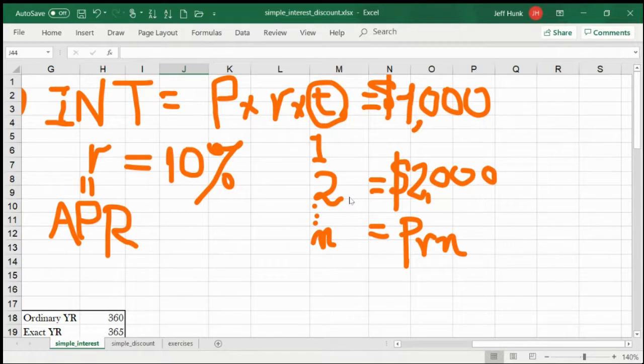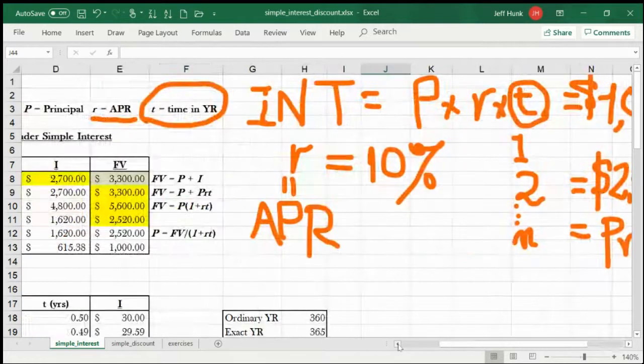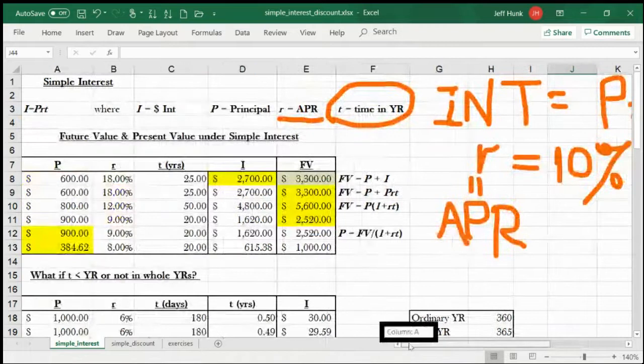We're going to talk about only the simple interest in this lecture, and then we will pretend.